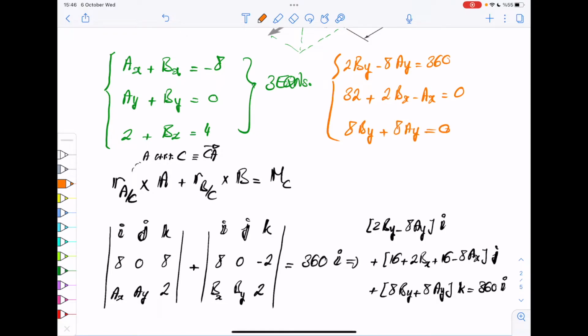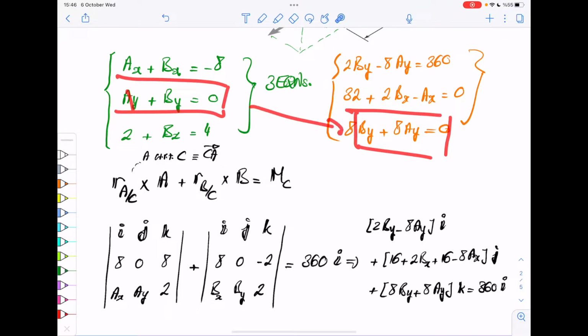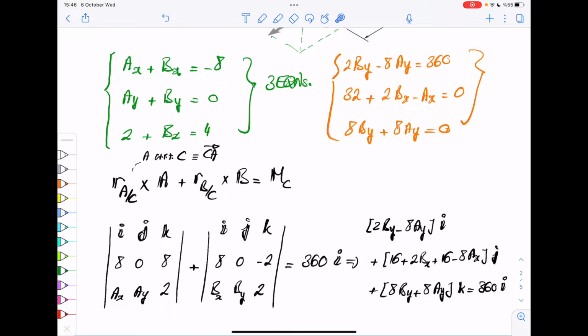Now, if you look at the last one, this basically tells you by plus ay is 0, which is the same as this one. So not a big surprise really there. Okay, so these are also 3 equations.